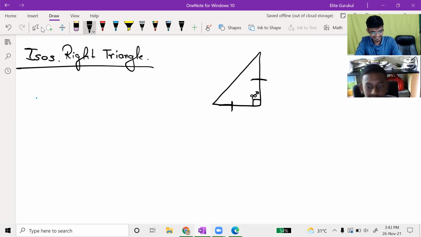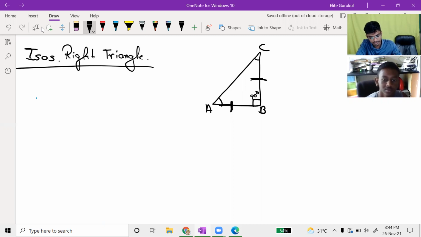If it is A, B, and C, and AB equals BC, then these both angles will also become equal. Because this is isosceles, no? If isosceles, then the angles opposite the equal sides will also be equal to each other.